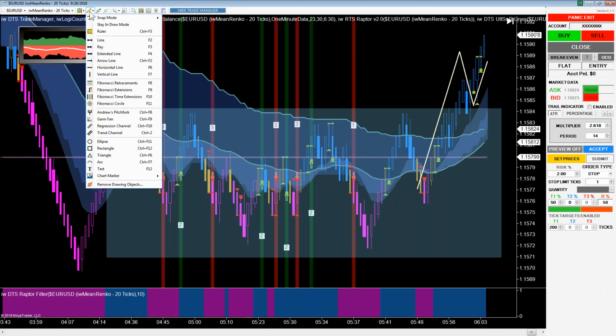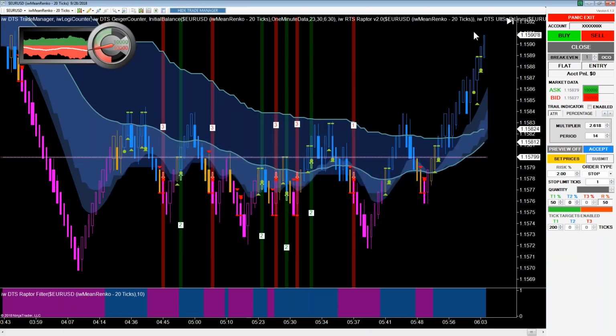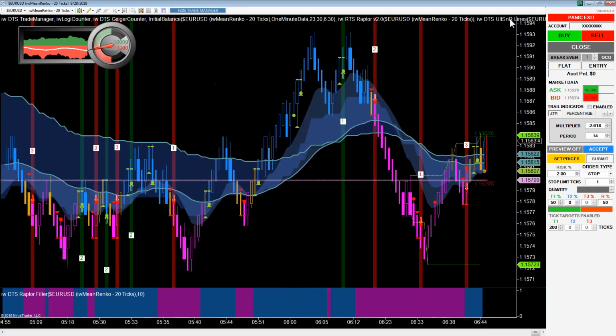Antonio is asking, will the Raptor work on Ninja 8? Yes, it will. I'm embarrassed to say it because the programming for the trade manager, that's the software you see here on the right, was supposed to be ready early September, and here we are pushing end of September, and the programmers have not worked out the glitch yet.